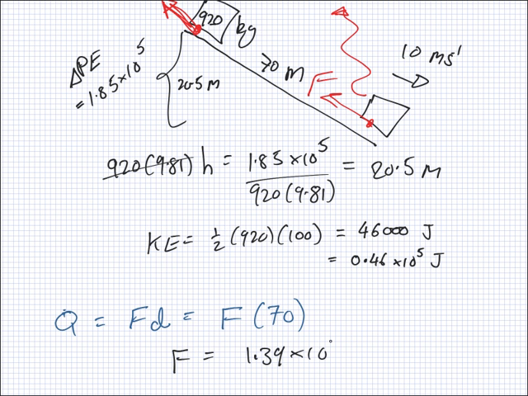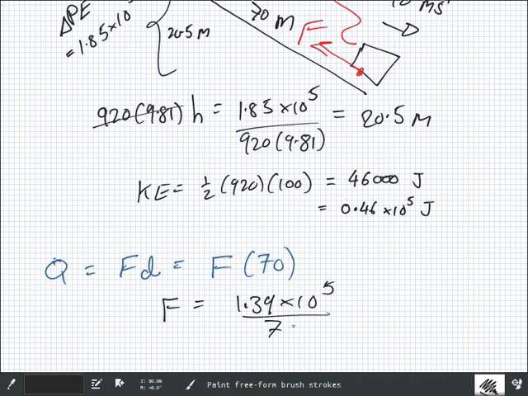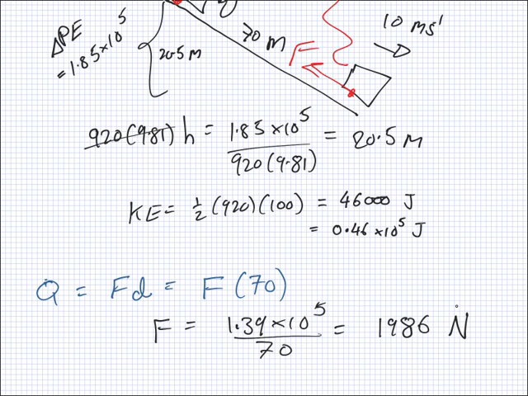1.39 times 10 to the 5 over 70. So what's that now? 1986 newtons. Oh, well, that's actually 2000 newtons then.